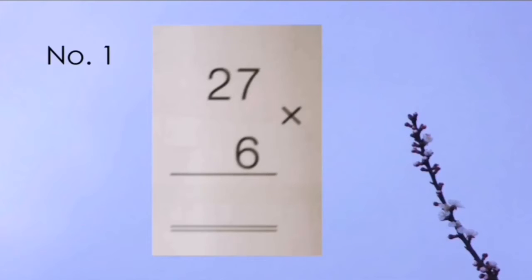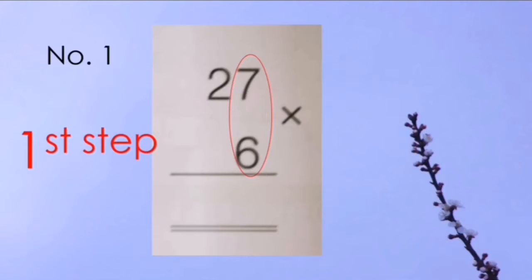Now, let's try to multiply these numbers. This is our first step when we multiply. When we multiply, we should multiply our multiplier with the first digit of our multiplicand. So, what is the first digit of our multiplicand?